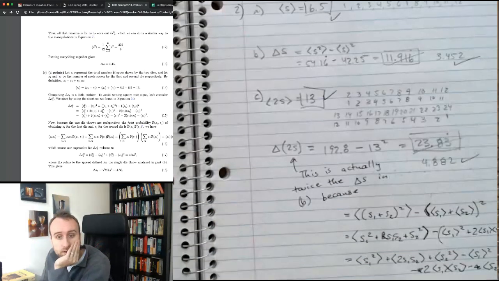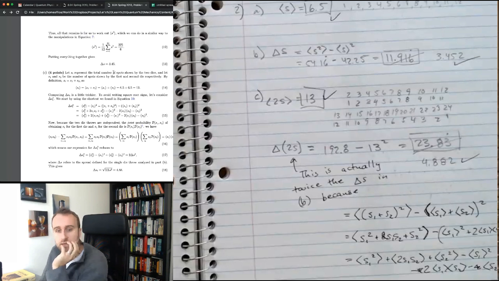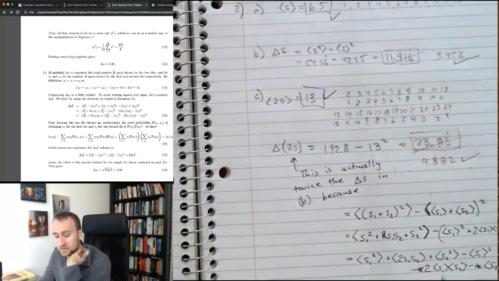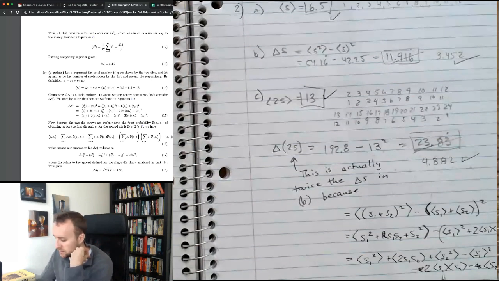And because they're independent, the joint probability of obtaining first and second times this, so that because they're independent, this is the same as this.